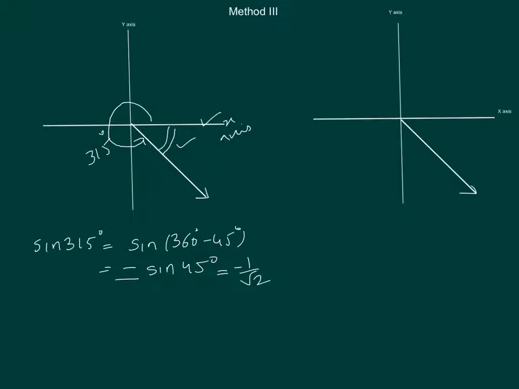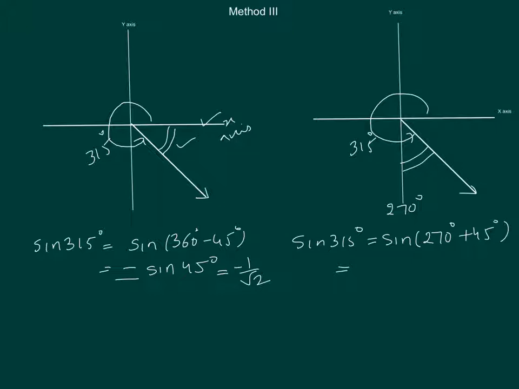We could have done the same question taking y-axis as the line of reference. 315 degrees here. This is the reference angle, and we know this is 270 degrees. So sine of 315 degrees is equal to sine of 270 degrees plus 45 degrees.